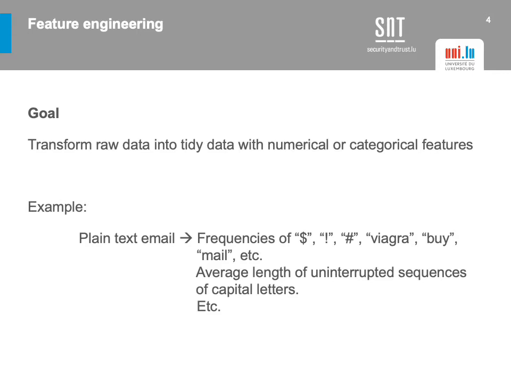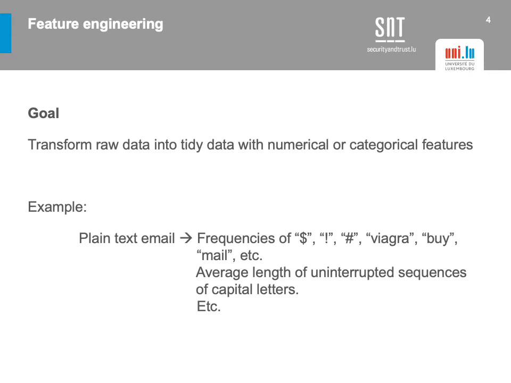And then the feature engineering part consists of transforming this plain text into some different features. So it can be the frequencies of some characters like $, exclamation point, things like that. Maybe it's frequencies of some specific keywords like Viagra, buy, email, mail, etc. So these are the features. So these correspond, as we have seen, to columns of a data set.